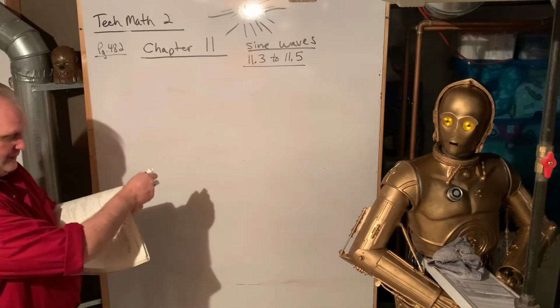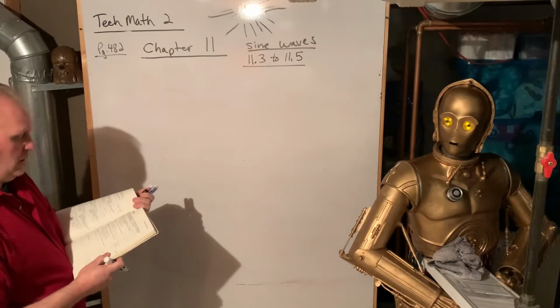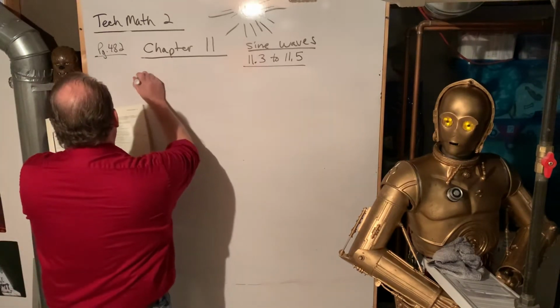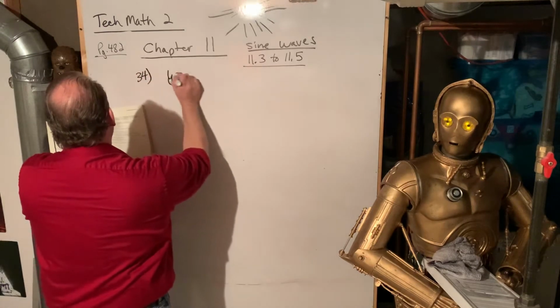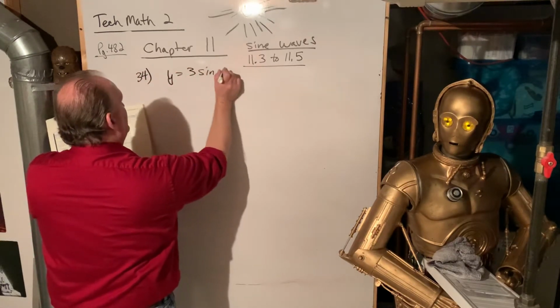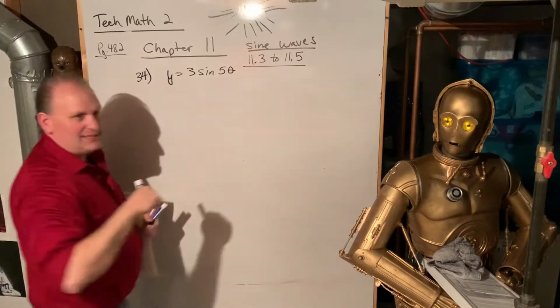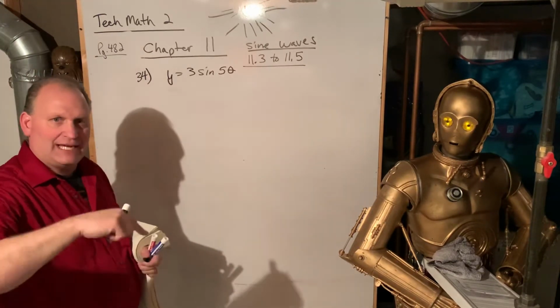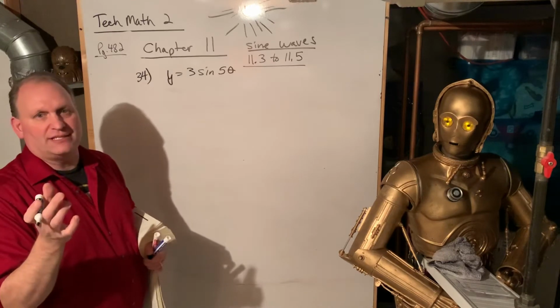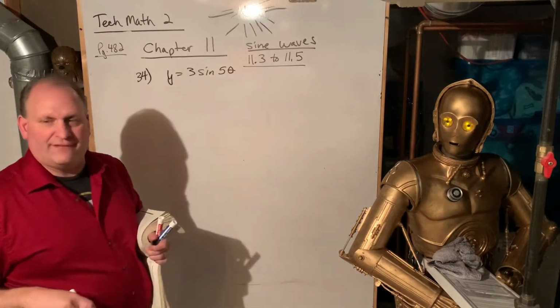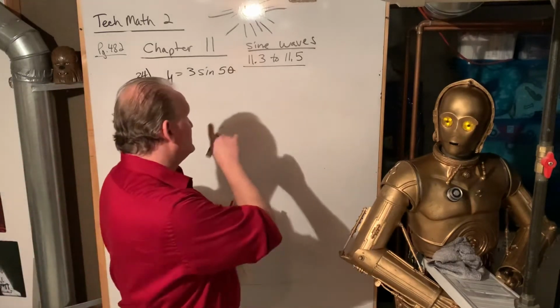Let me show you. So 34, let's look at 34. They have y is equal to 3 sine 5 theta. That 5 means there's actually 5 cycles within that 360 degree period. So 5 of them happen within 360 degrees.